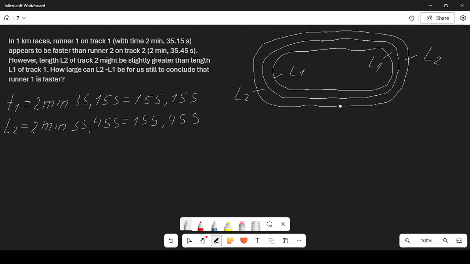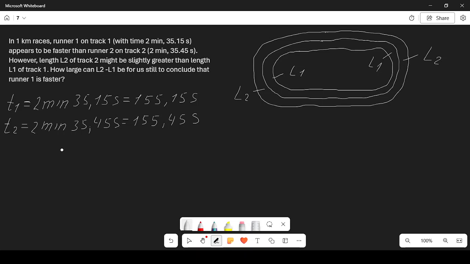If runner 1 won the competition only because he's running in an inner, shorter circle, it's unfair. So we should clarify and understand what's going on here.